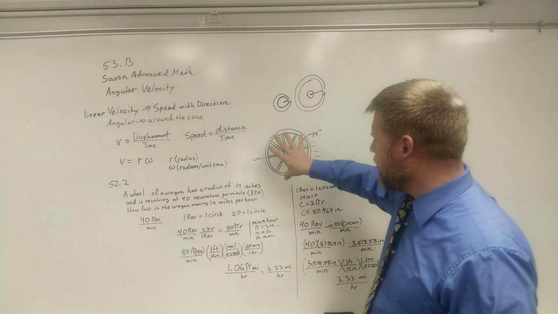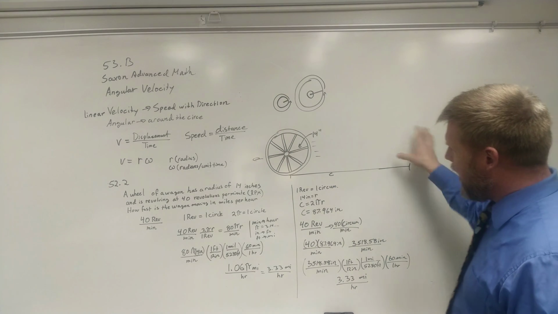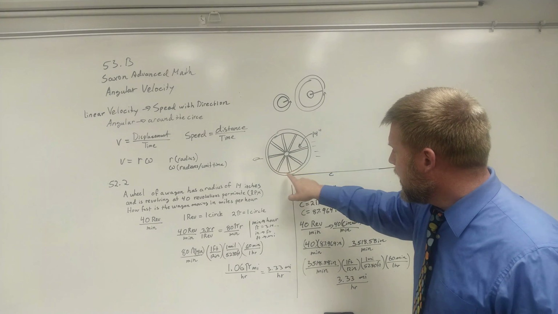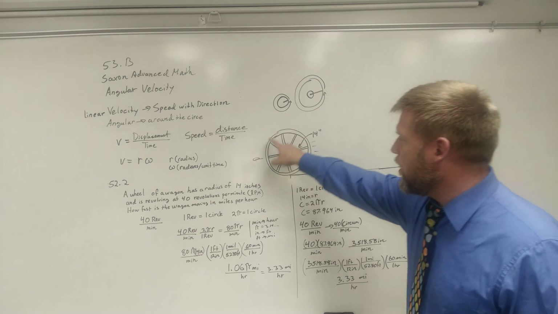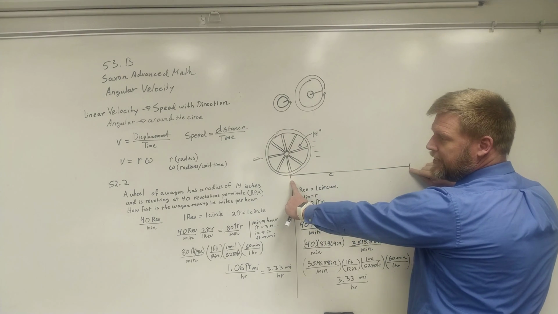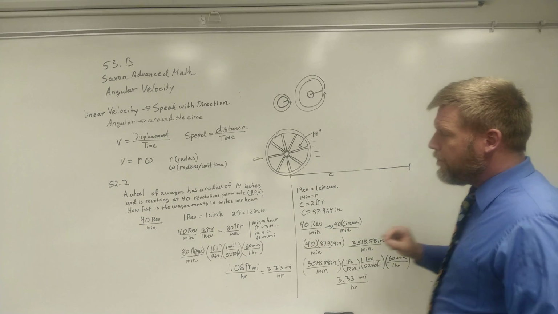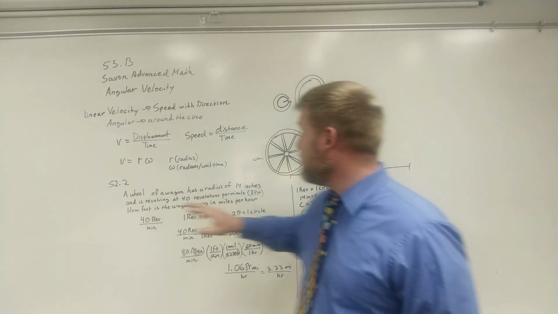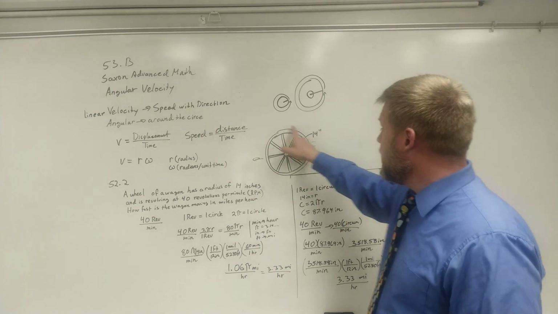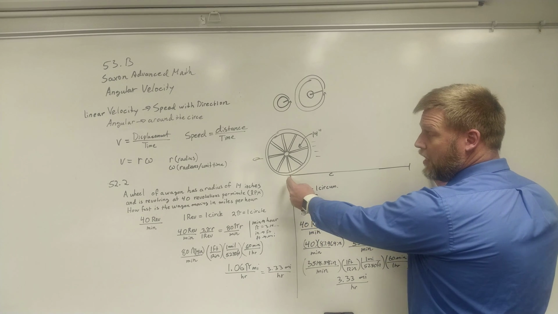So this right here, if I wanted to take this wheel and say it started here and rolled through, I could take the outside rim. If I took that out and unrolled it, it would be the exact same distance as the circumference. So when we're talking about the velocity, how fast it's going, it will be the circumference in a unit amount of time.